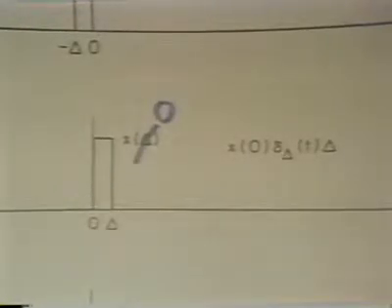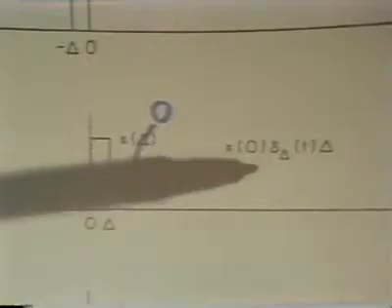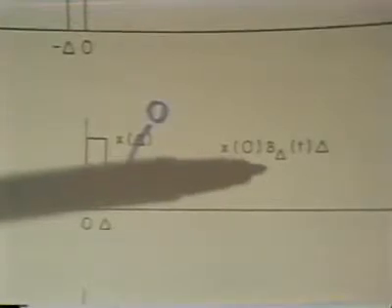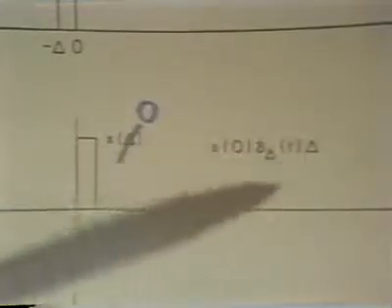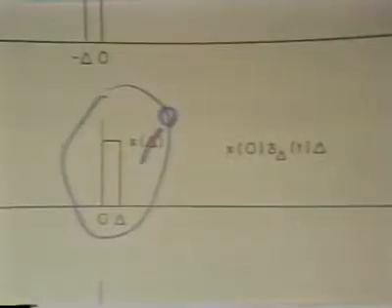And so we have a rectangle of height x of 0. And recall the function that I defined last time as delta sub delta of t, which had height 1 over delta and width delta. So multiplying finally by this last little delta, then this is a representation for the rectangle that I've shown there.